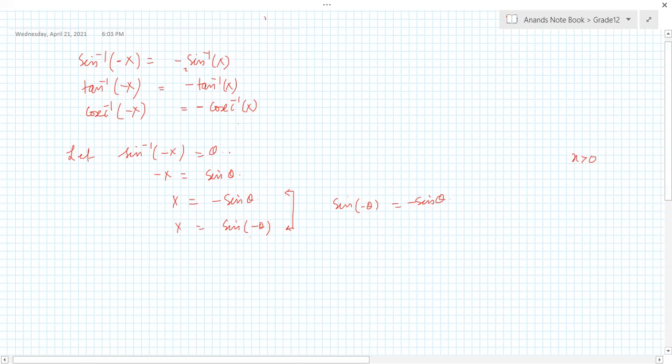Now, you got sine of minus theta. Okay, so you do one thing. You take minus theta. So, sine inverse of x equal to minus theta or theta is equal to minus sine inverse of x. So you're basically going from here to here, and then you're coming back.